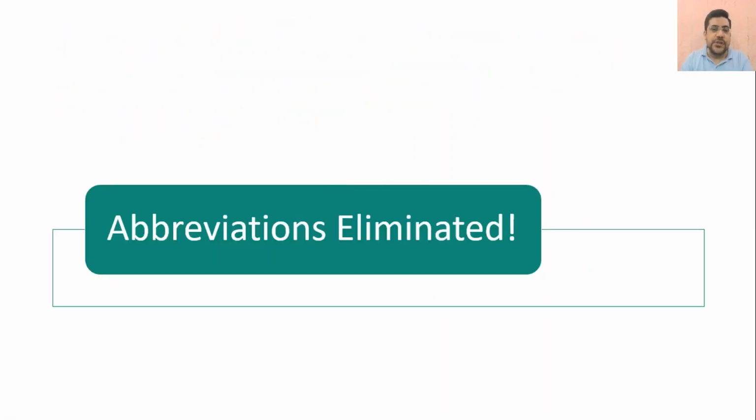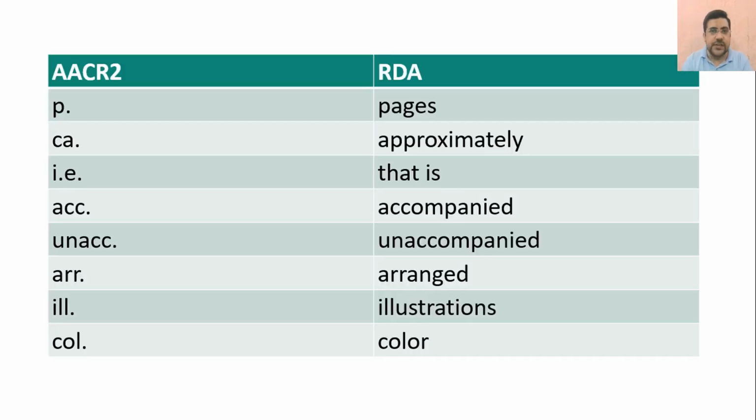The abbreviations are eliminated in RDA. What does it mean? You have to remember lots of abbreviations when you perform cataloging through AACR2. For example, P dot is for pages. CA is for approximately.